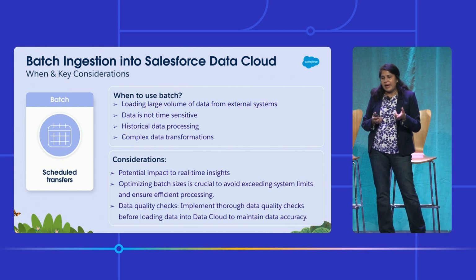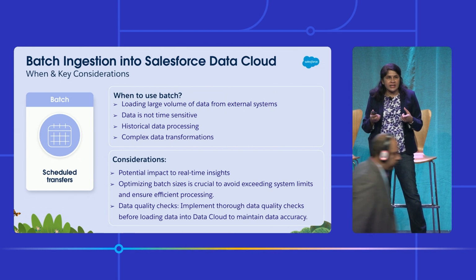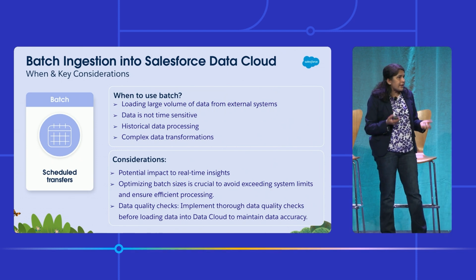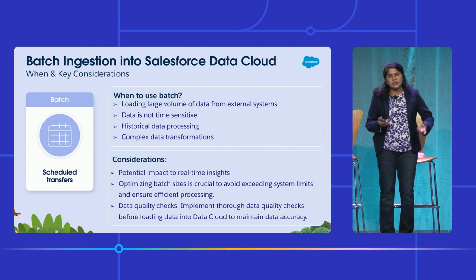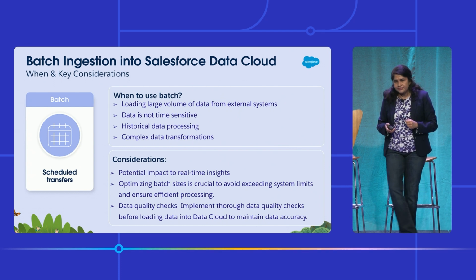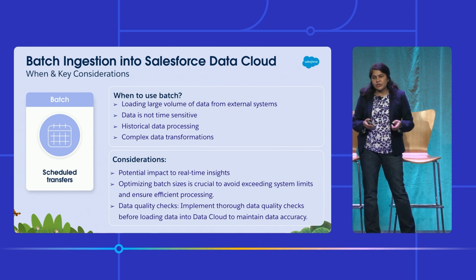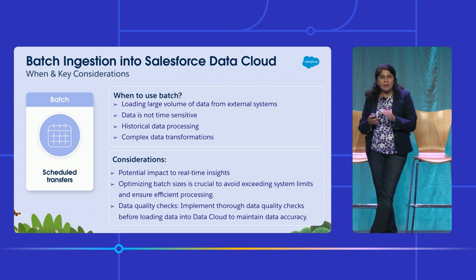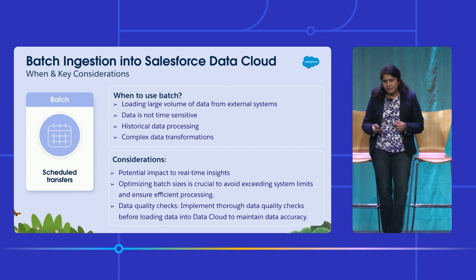So having that batch size consideration as well, and especially with Data Cloud being on the consumption model, you want to optimize the batch size for how many credits you are consuming as well. And also making sure that data quality checks, implementing those in the batch load, is also critical.